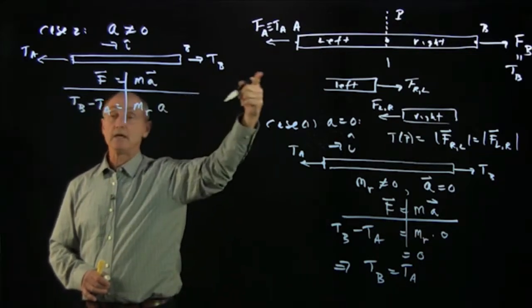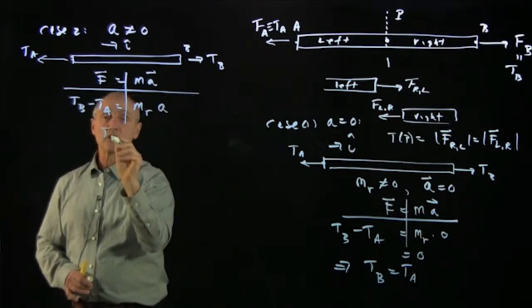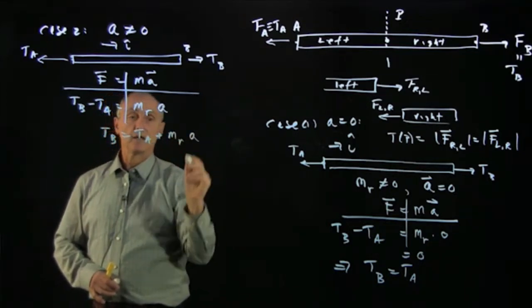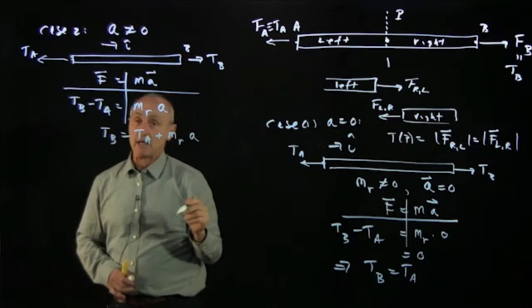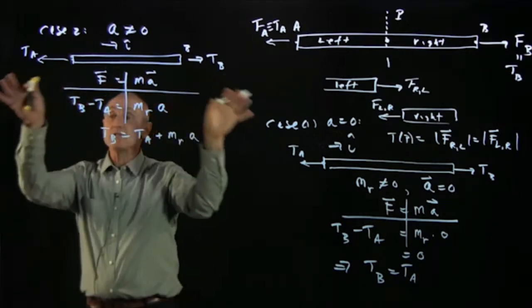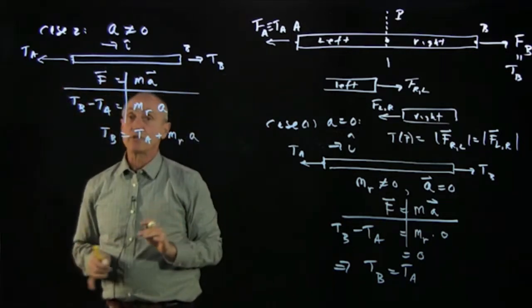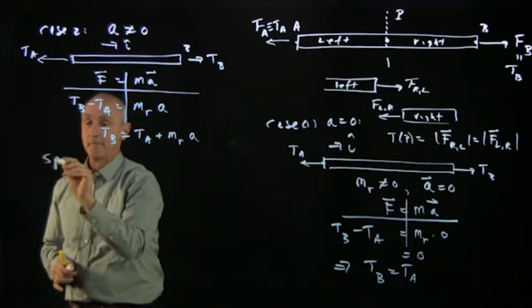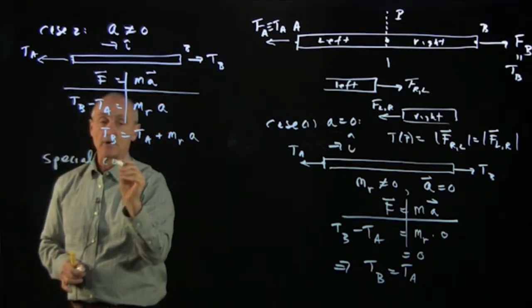So you're pulling such that TB is greater than TA by precisely the quantity m_r times a. And so the tension at the ends is not the same, and therefore the tension in the rope is not uniform.